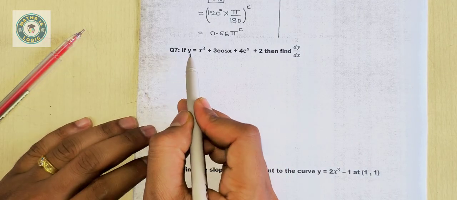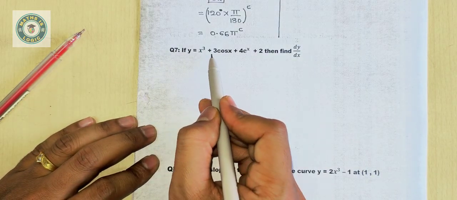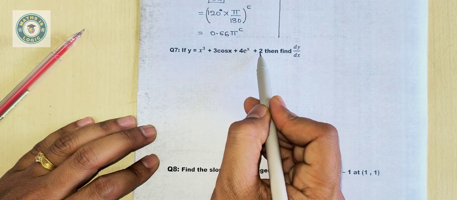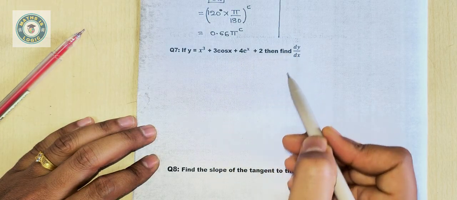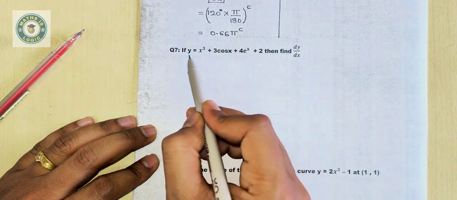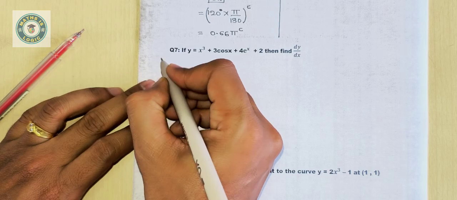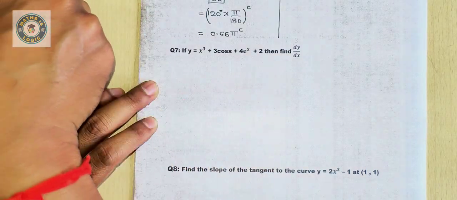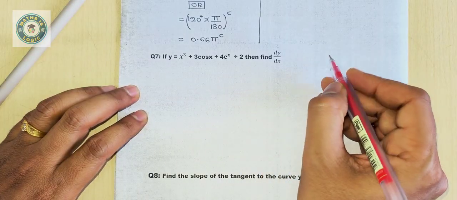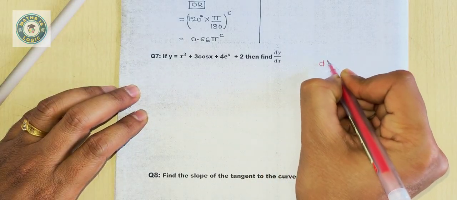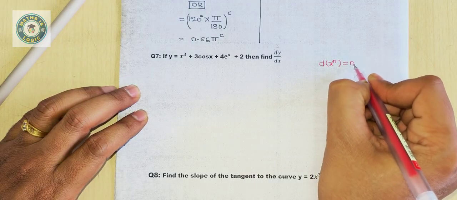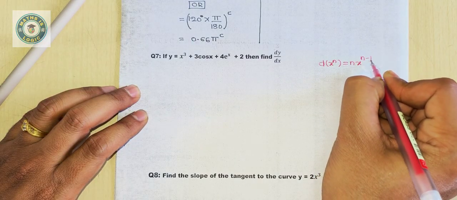Next question, question number 7. If y is equal to x cube plus 3 cos x plus 4 e power x plus 2, then find dy divided by dx. That means we need to find the derivative of this function. If you want to solve such types of examples, we need to remember the differentiation formulas. First, differentiation of x power n is n into x power n minus 1.